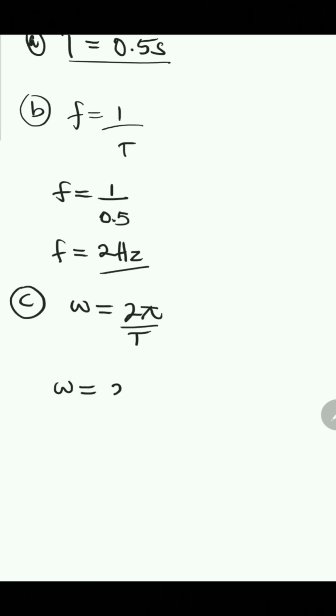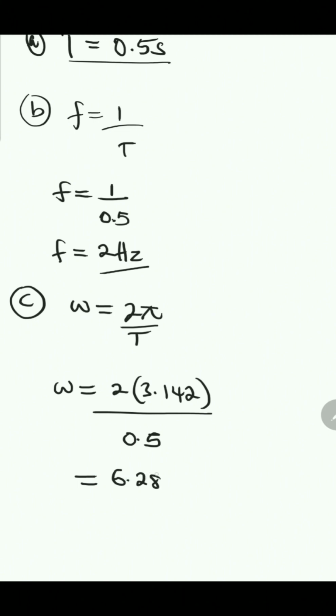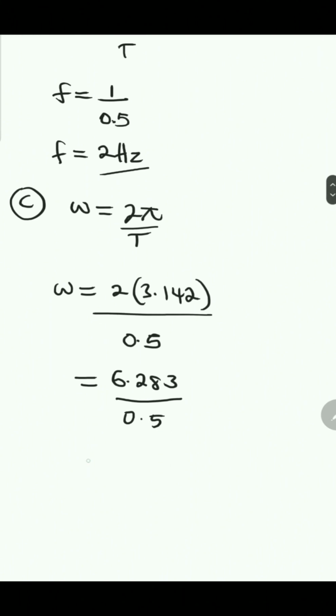So angular frequency equals 2 times 3.142, which is the value for pi, over the period, which is 0.5, the same one we obtained from part A. When you multiply in the numerator, you get 6.283. Then you divide by 0.5, and your quotient comes out to be 12.566. This is the angular frequency, and the units are simply radians per second.